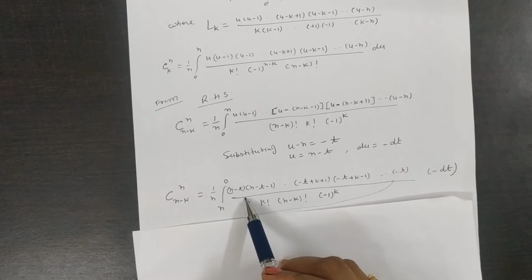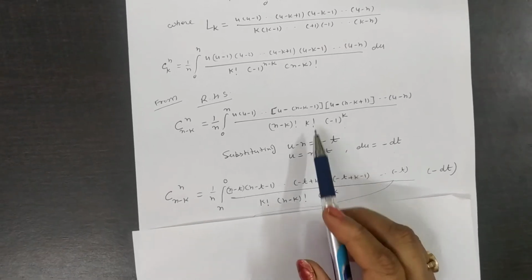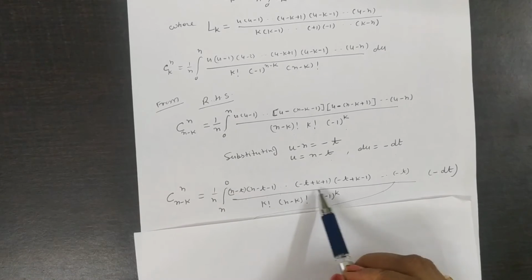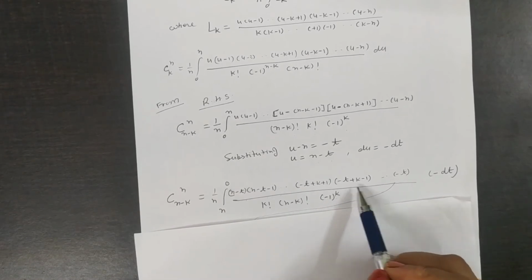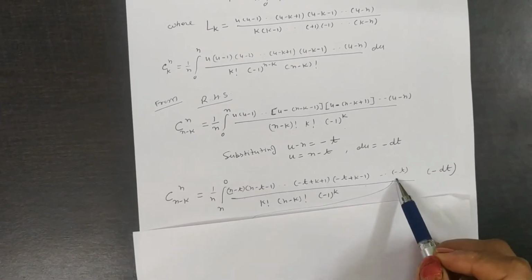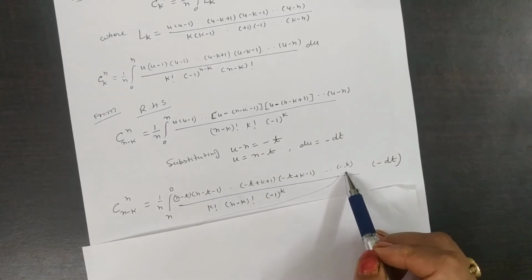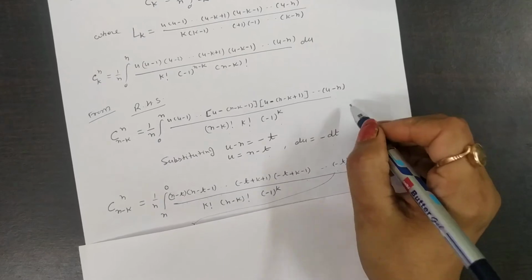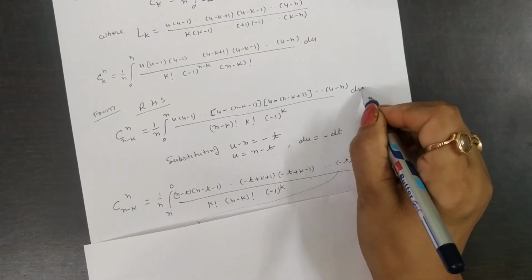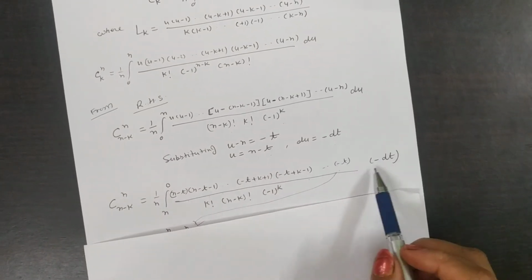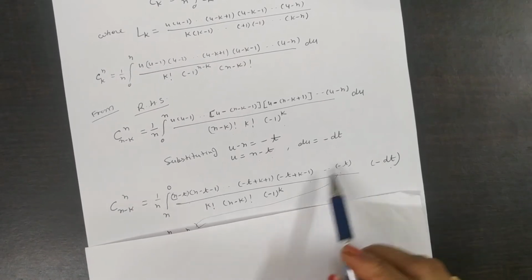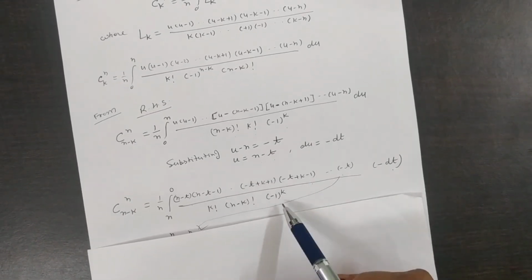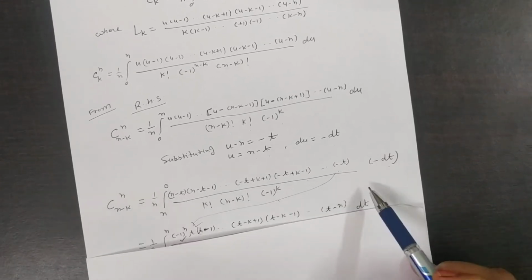Here it is n minus t minus 1, and again u is n minus t, so minus t plus k plus 1, up to minus t, and in place of du we have minus dt, with factorial (n-k) and factorial k. Yes, okay.